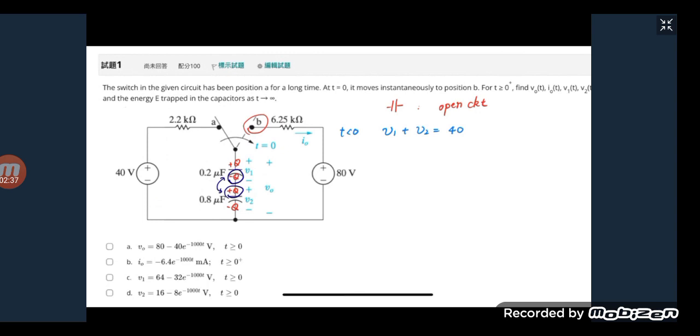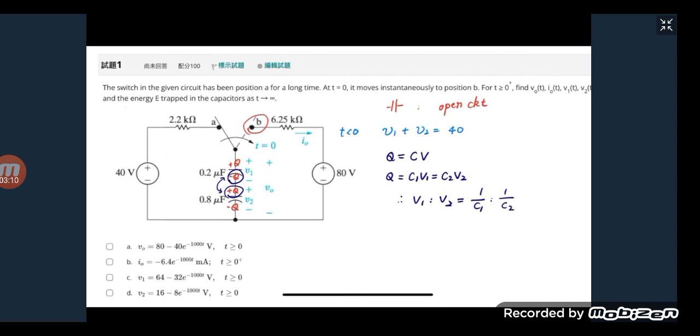So we see that because Q is equal to C times V, and Q is equal to C1 V1 is equal to C2 V2, we can say that the ratio of V1 to V2 is equal to the inverse of C1 to the inverse of C2.